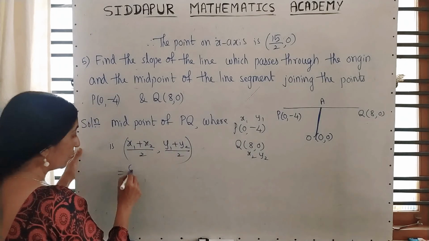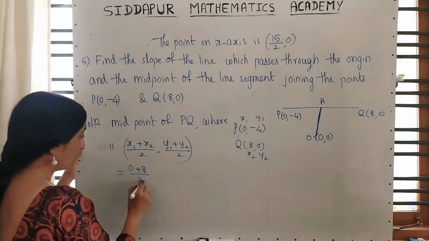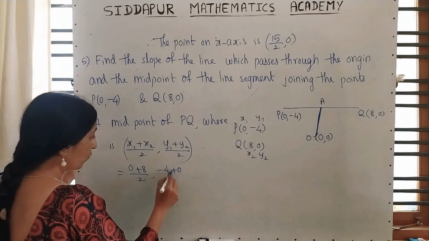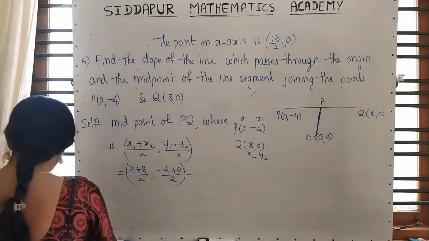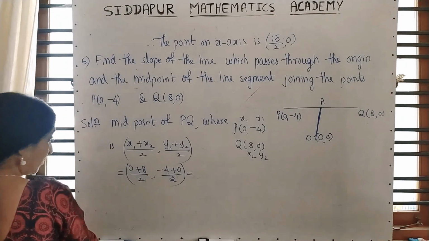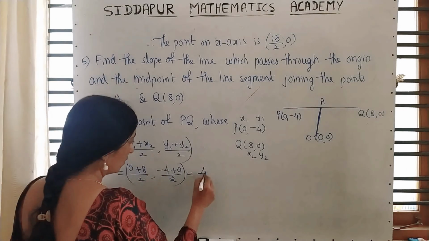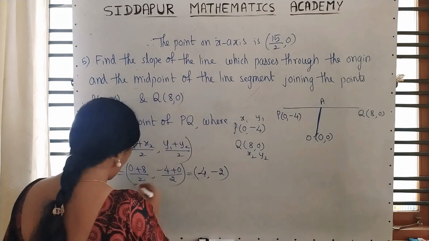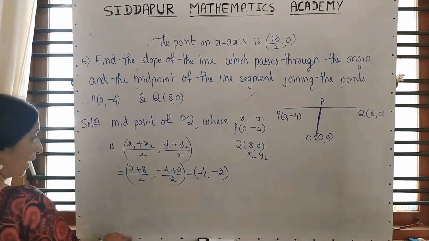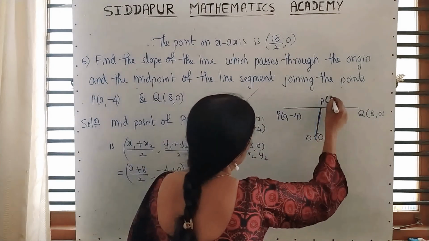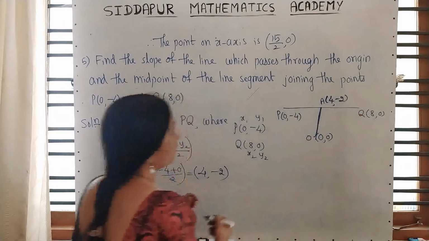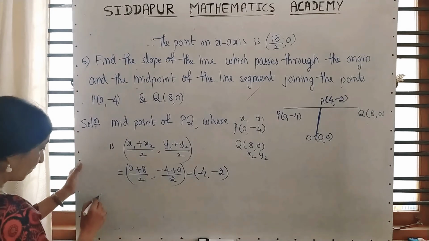That is 0 plus 8 upon 2, -4 plus 0 upon 2. 8 upon 2 is 4, and this is -2. Now we have to find the slope of origin and A. A is 4, -2. We have to find the slope of these 2 points.